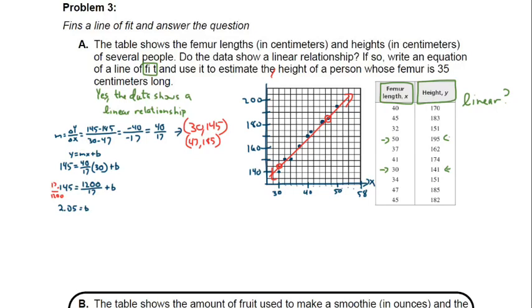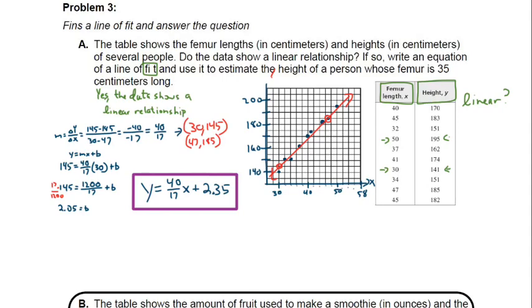What's 40 over 17 anyways? 2.35. So here we go. Your equation is y equals 40 over 17 x plus 2.35. Okay, so there's your formula. Have we answered the questions? It shows a linear relationship. We wrote an equation. And it says estimate the height of a person whose femur is 35 centimeters long.